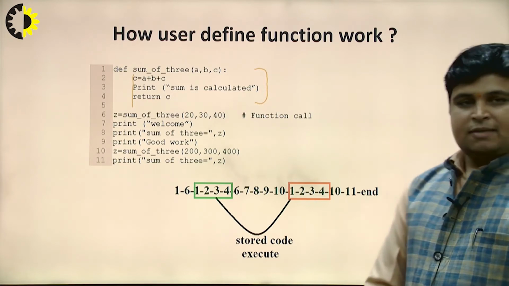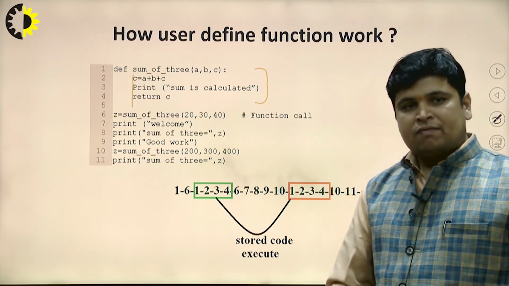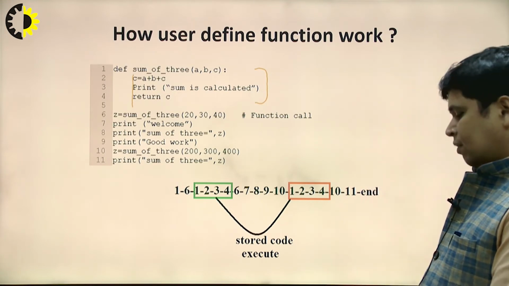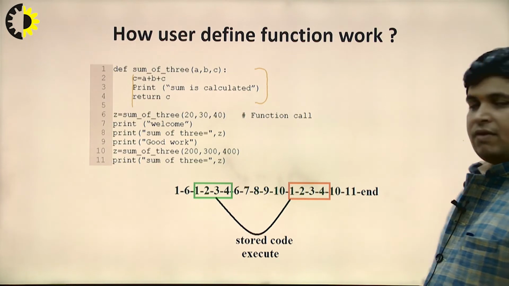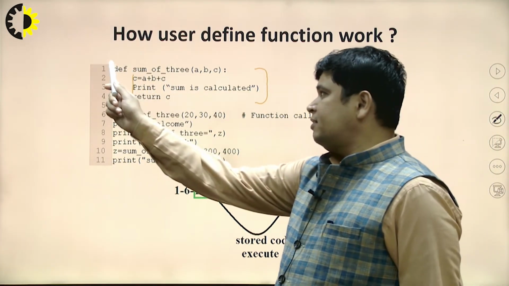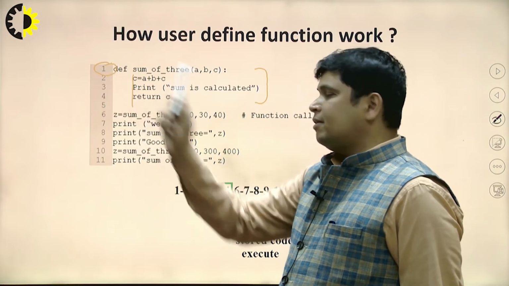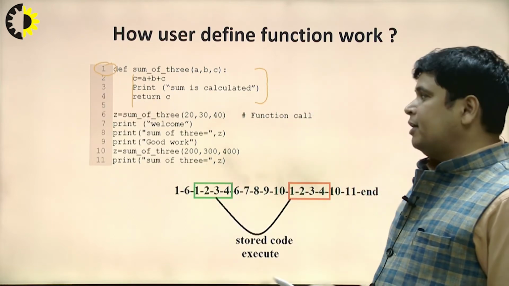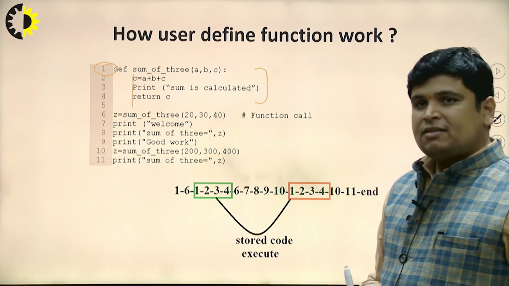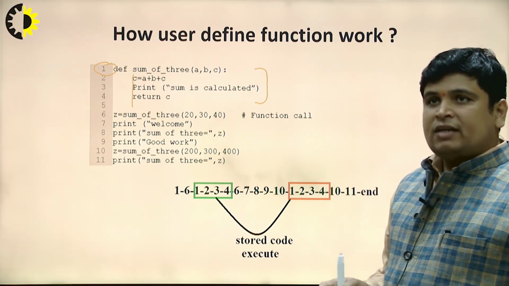take very special care on this topic: how the function will execute, how the process of execution of the function works. You will see here the first line is read by the Python interpreter. Immediately the Python interpreter reads def. It means some function definition is here.